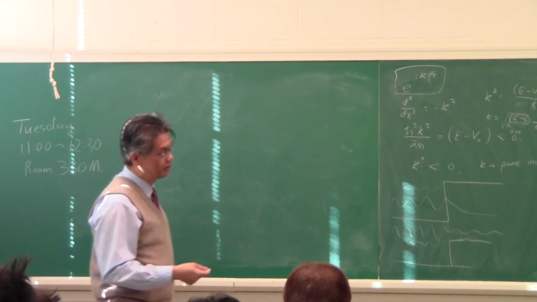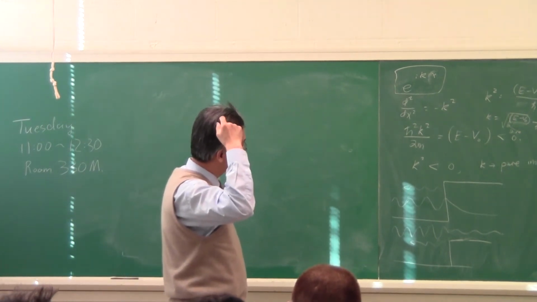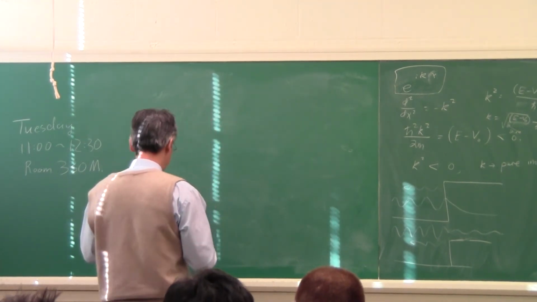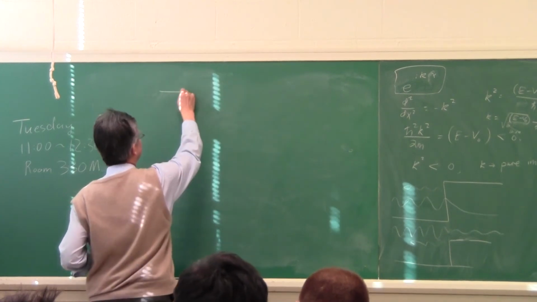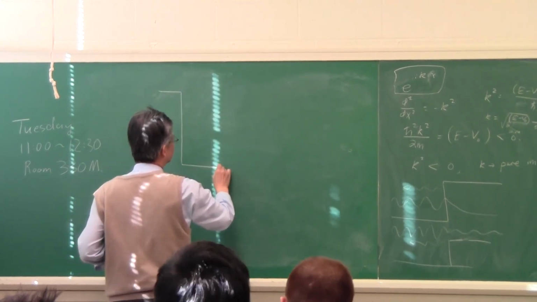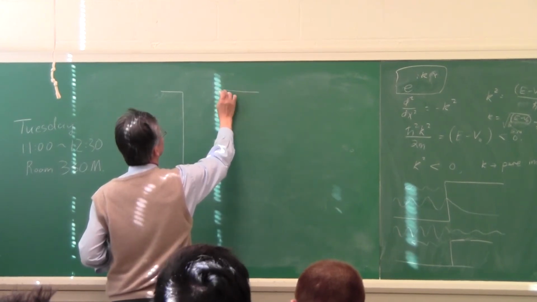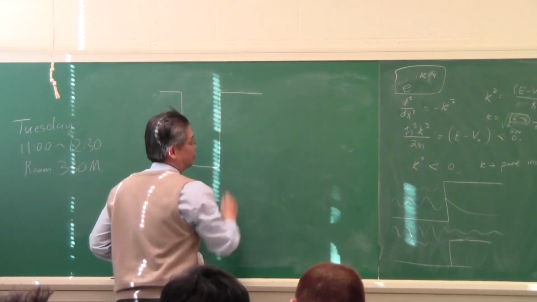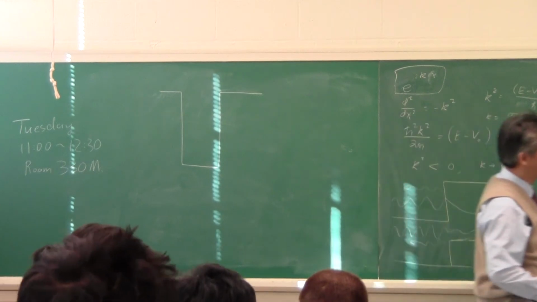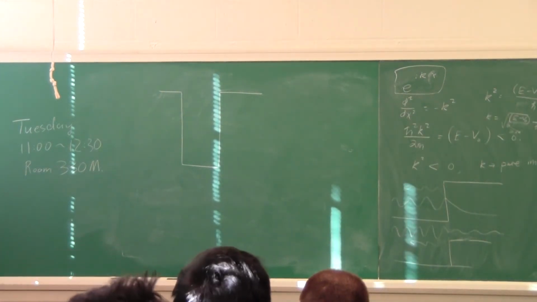I won't go into the detail of solving this problem, but I will tell you what the final physics is. Say you have a potential wall that looks something like this. You have to change your E in order to find different solutions.